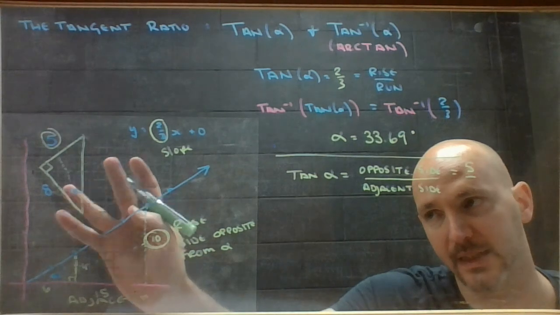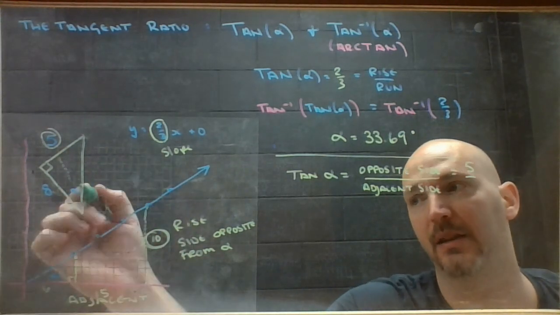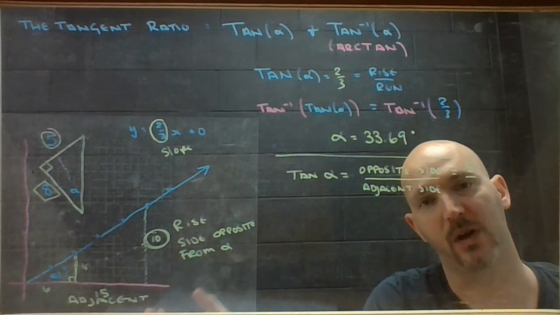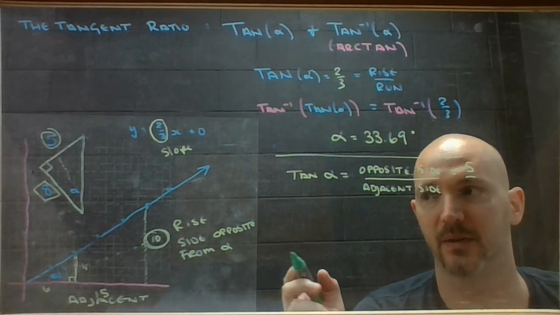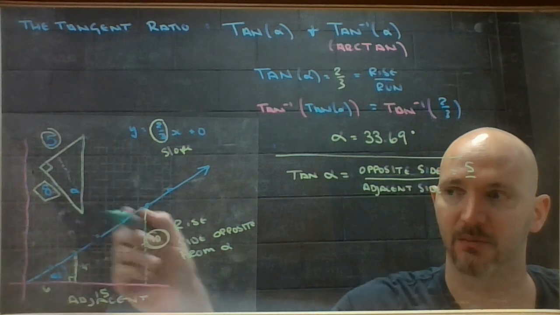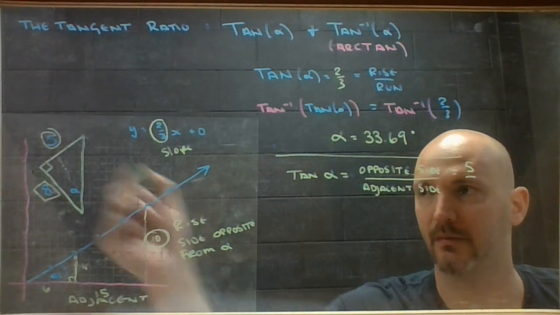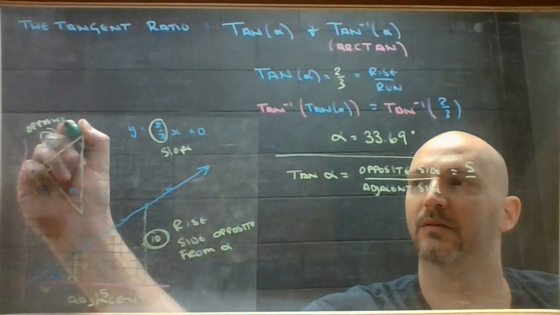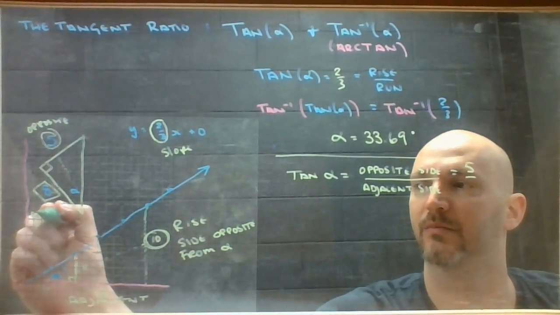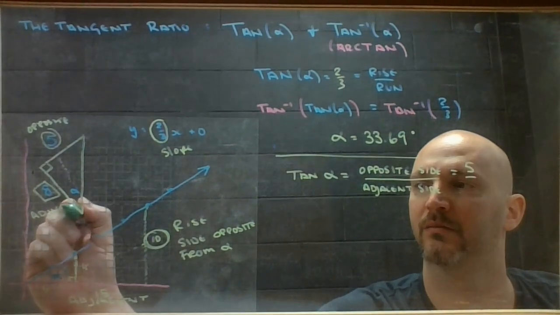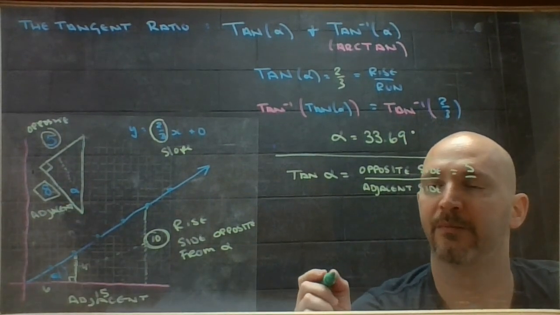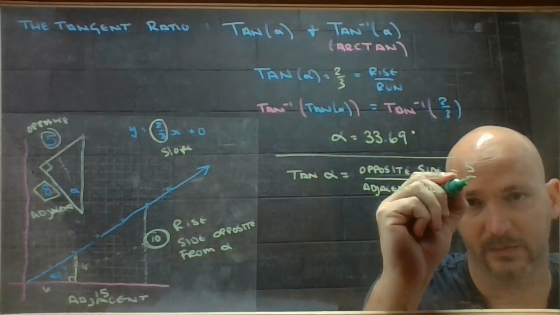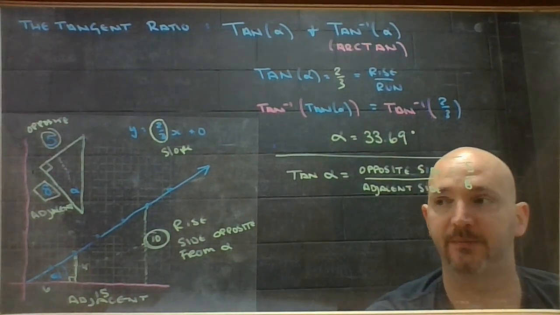But in one like this, the adjacent side is going to be over here. It's one piece of the lines that actually make that angle. Let me just label that on there, opposite, adjacent. So in this particular example, the value there is 8.